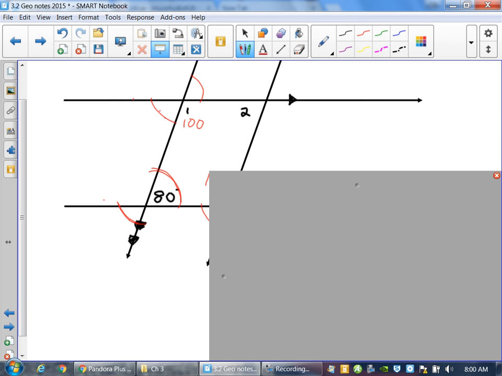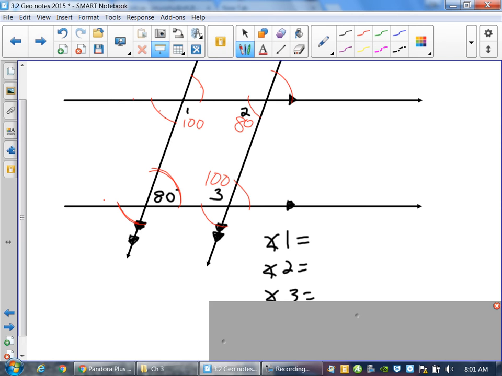Again, tick mark, switch sides, and tick mark. Do those two match up? No. So what does angle 2 have to be? 80 degrees. That's how you work through these problems. That's the algebra. Well, not necessarily yet, we're getting there.